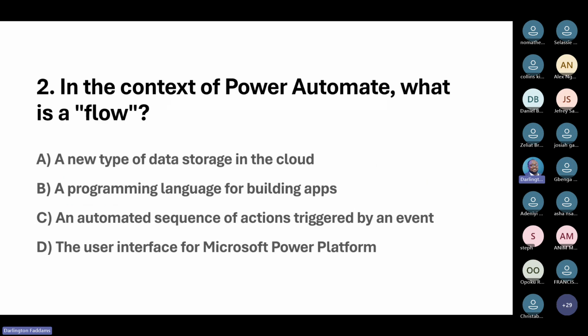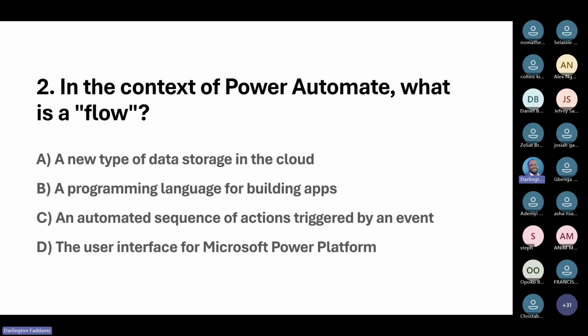The next one says, in the context of Power Automate, what is a flow? A, a new type of data storage in the cloud. You've been hearing this new term this week about flow, workflow, automation, flow.